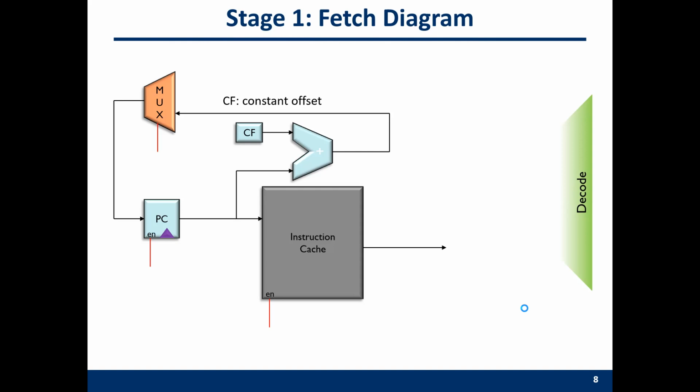So the output is potentially a new value of the PC, so that the PC can point to the next. But why? Because we need to handle the branch case.